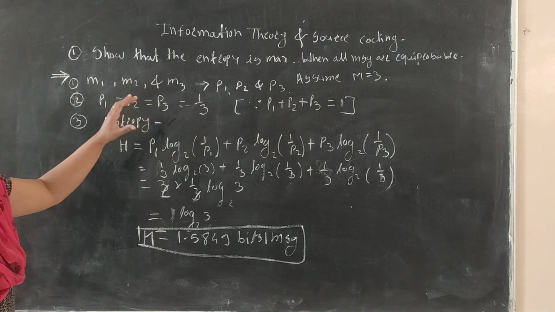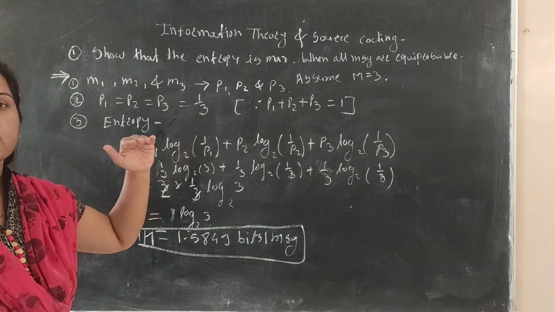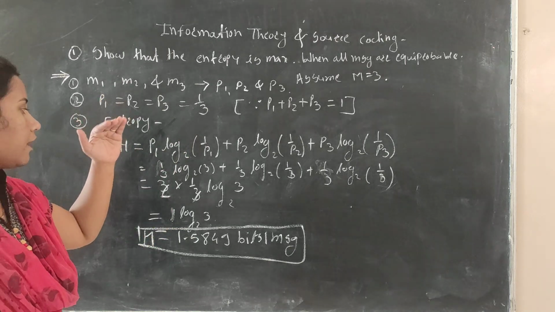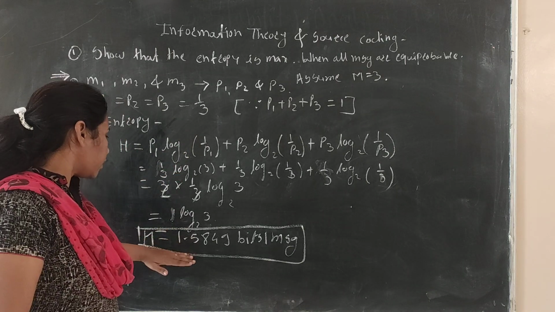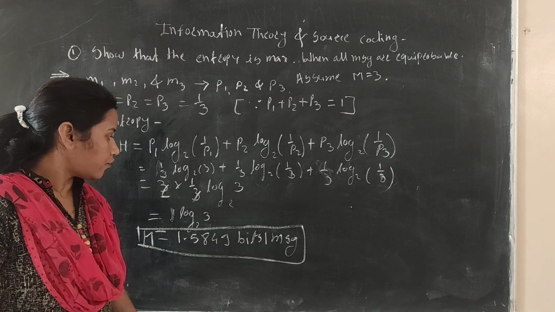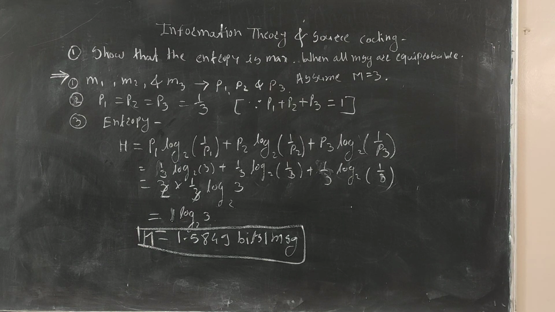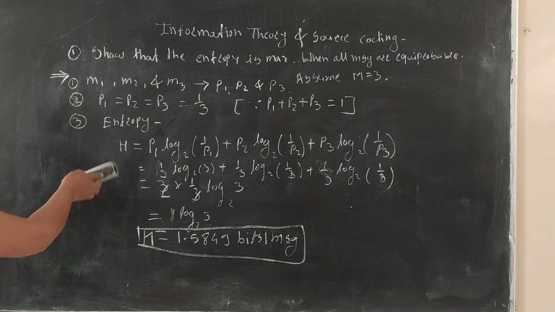In the numerical they have given m is equal to 3, all equiprobable, that is why 1 by 3, and we get the entropy H is equal to 1.5849 bits per message. This example was asked in December 2000 for 8 marks. In this way, we will see another example for entropy.